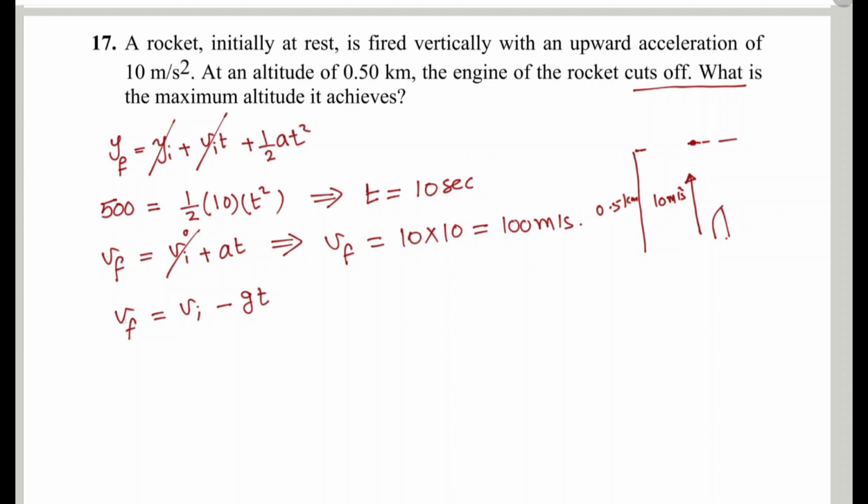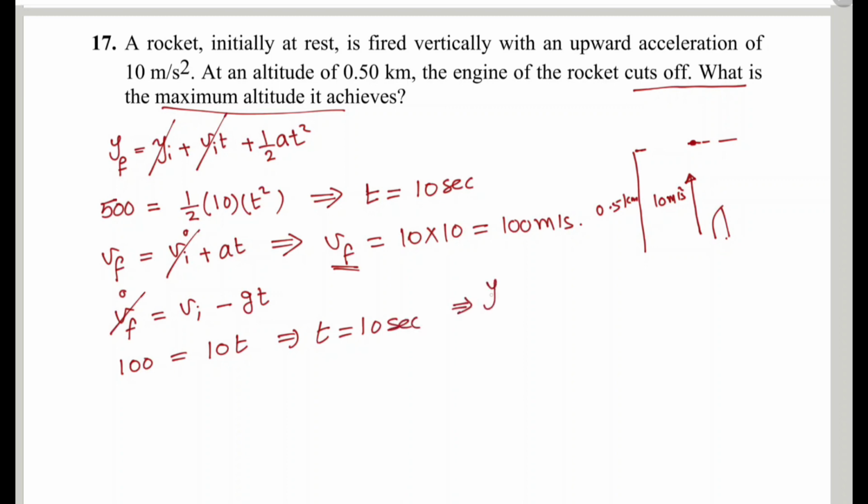Now v final is equal to 0 because it's mentioned that we want the maximum altitude. The initial velocity for the second trip is actually the final velocity for the first trip. So in this case, 100 equals 10t, or t in the second part equals 10 seconds.